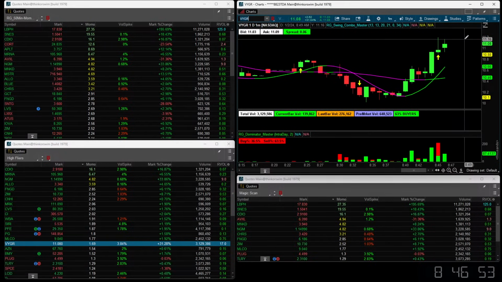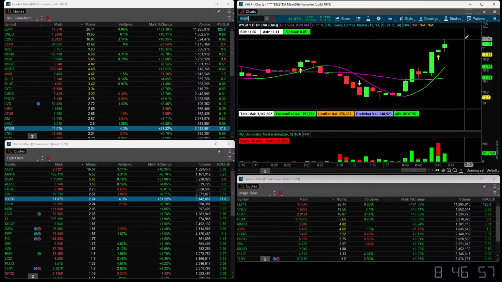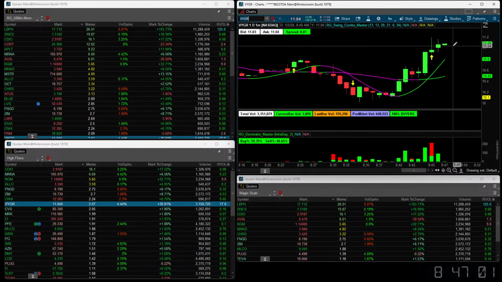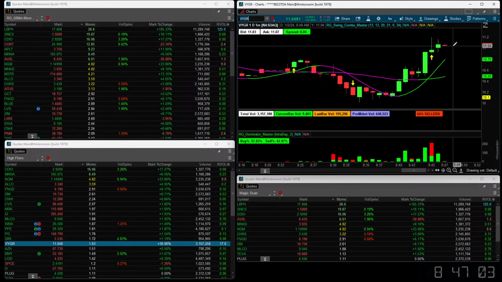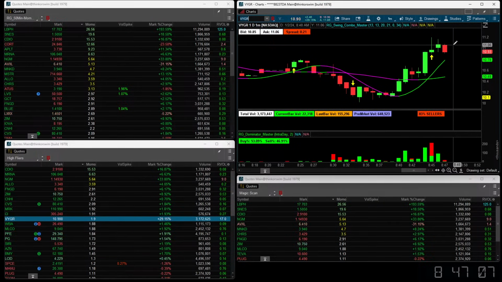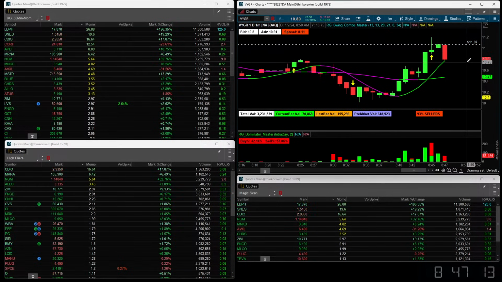It's probably just profit takers. Now we have an undecided candle. Wicks on the top and the bottom. Getting a pullback. Let's see if we can get this candle to close down here somewhere.